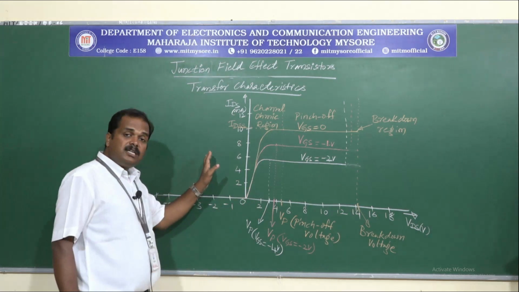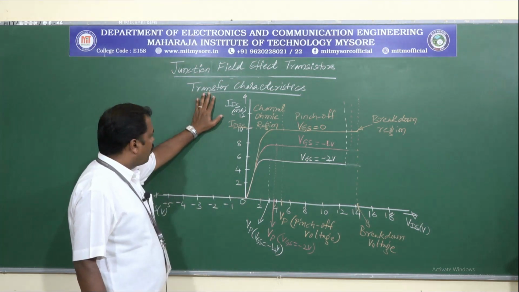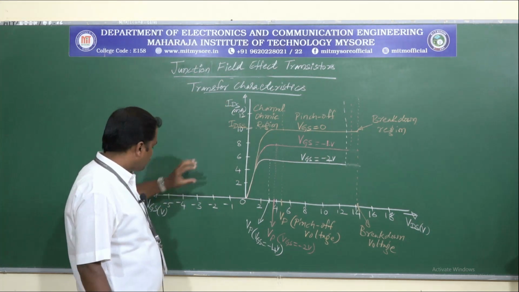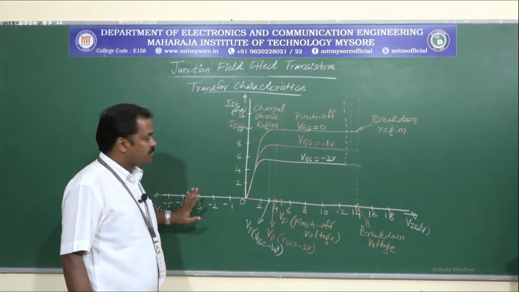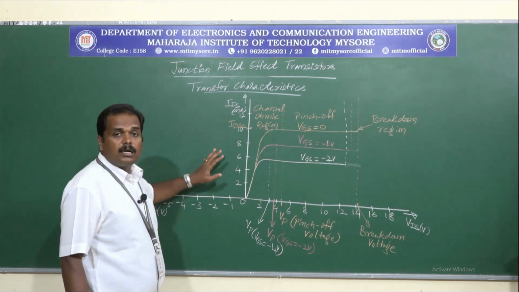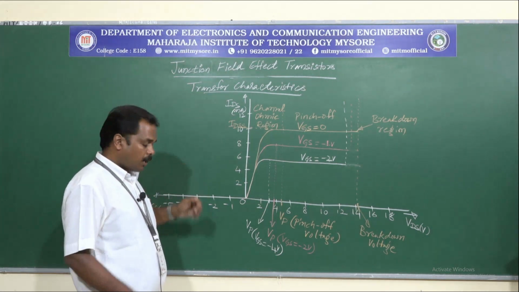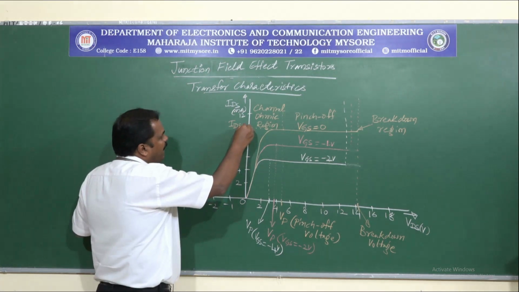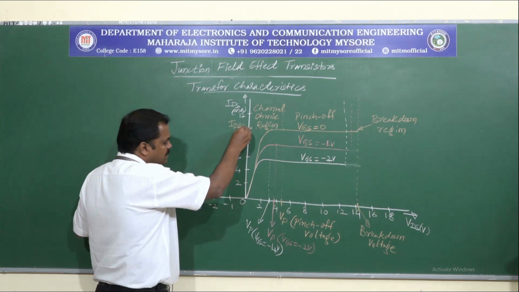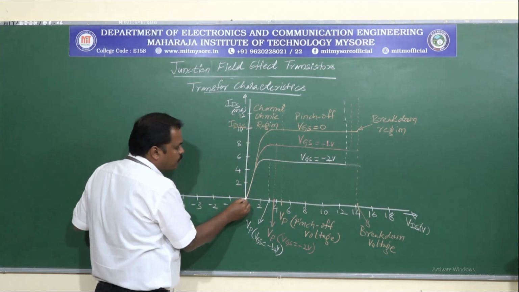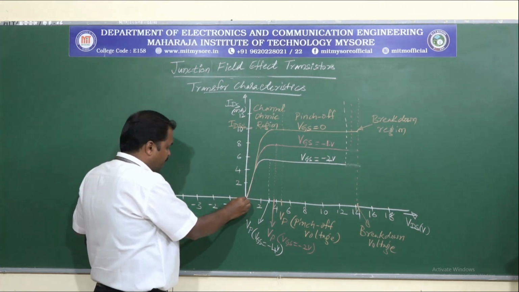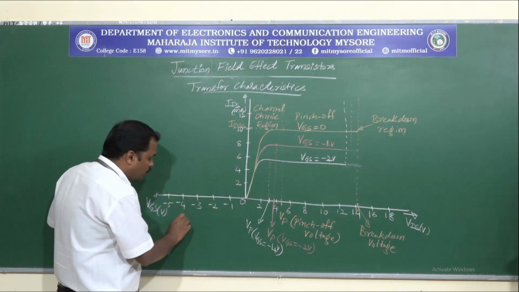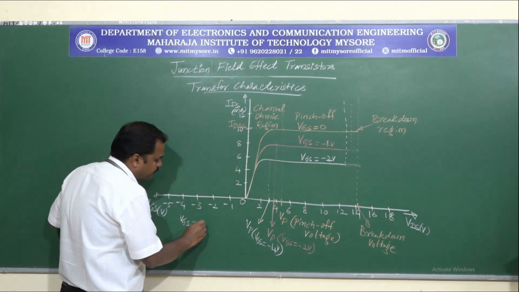As I just indicated, the transfer characteristics are the plot of IDS versus VGS, showing how IDS varies with respect to VGS. The region occupied by this plot is from ID equals IDSS with VGS equals 0, to ID equals 0 with VGS equals VGS off.